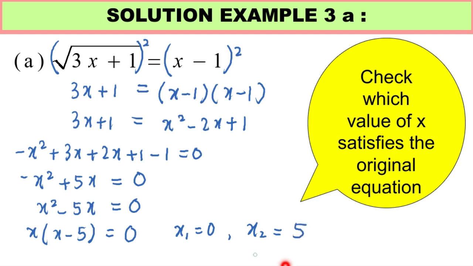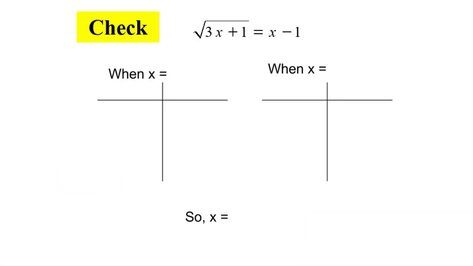Remember, since we have 2 possible answers for x, we need to check which value of x satisfies the original equation by doing the checking process. Okay, so now start with x equals 0. We substitute x equals 0 into the original equation.